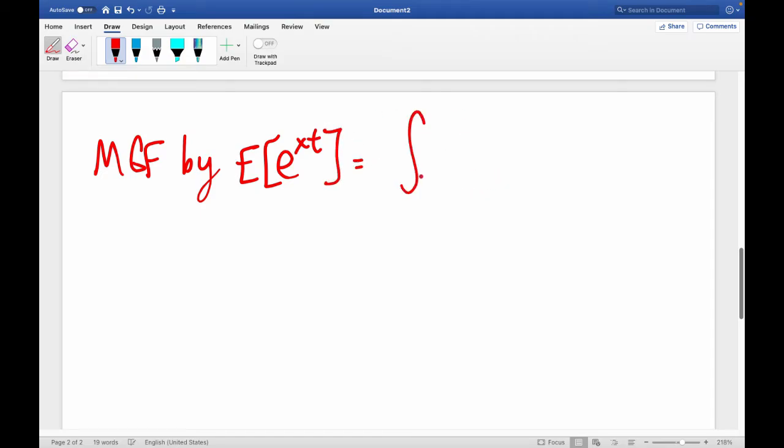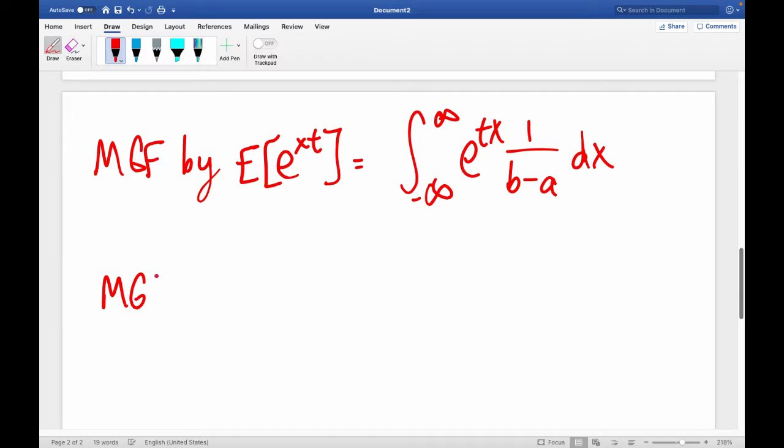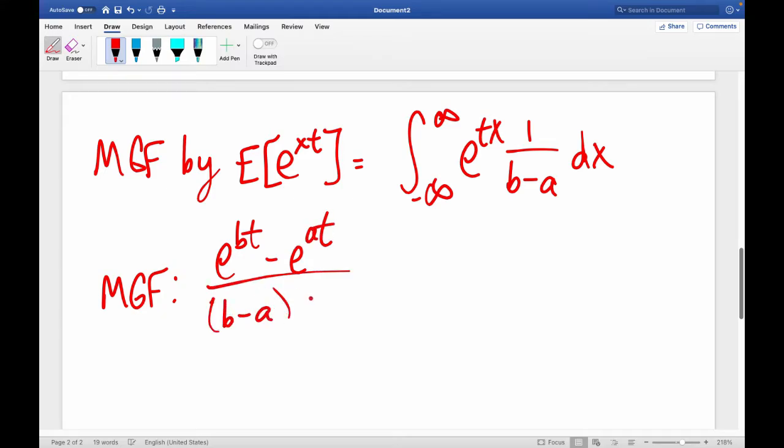That's going to equal the integral from negative infinity to positive infinity of e to the tx times 1 over b minus a dx. It turns out that the moment generating function is given by the formula e to the bt minus e to the at, all divided by b minus a times t.